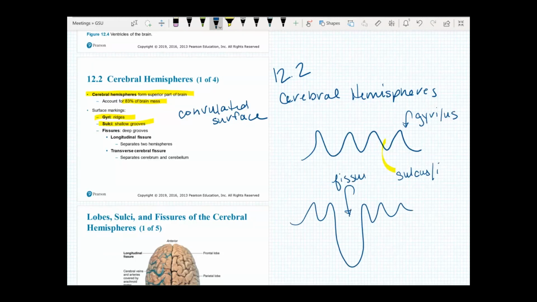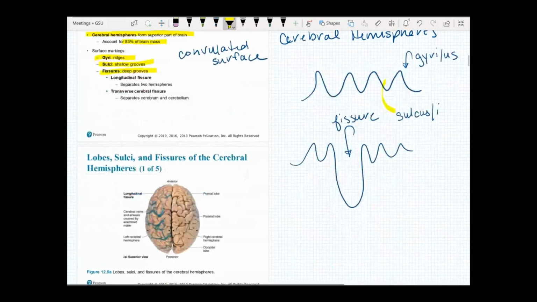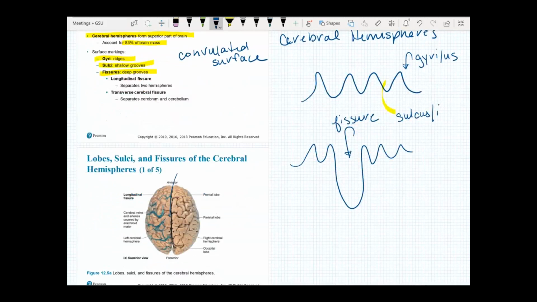There are a couple of places on our brain that are called fissures. One could be the longitudinal fissure, which is the one that goes straight down the middle right here. You see how that's a really deep fissure. This would be the longitudinal fissure right here that goes all the way down the middle of the brain. Or the transverse fissure, which will separate the cerebrum and the cerebellum.